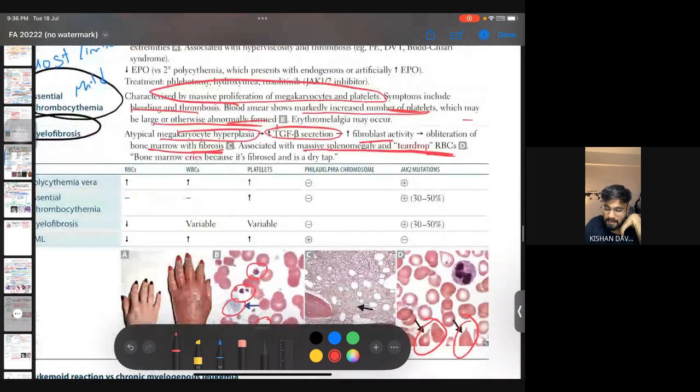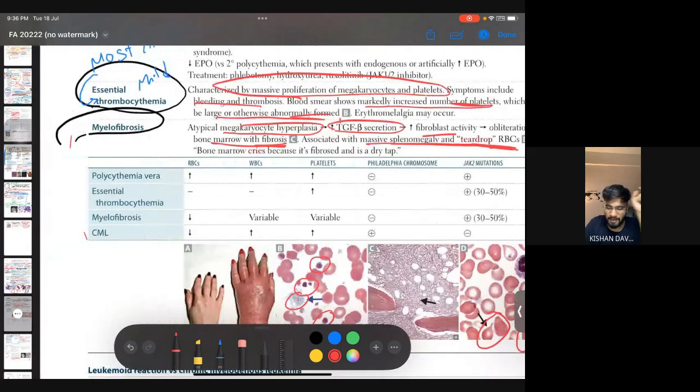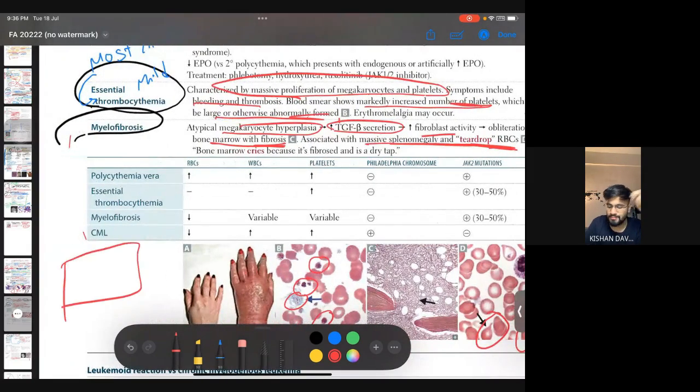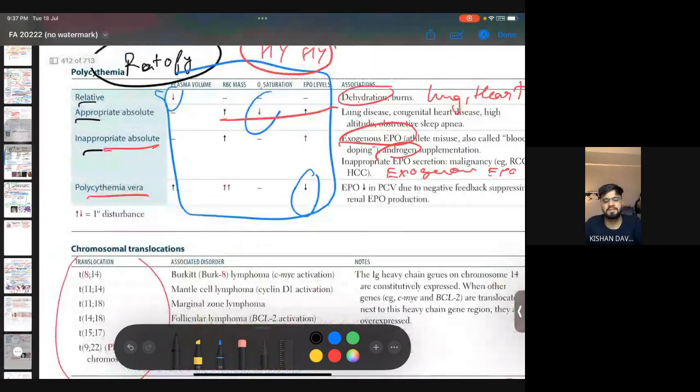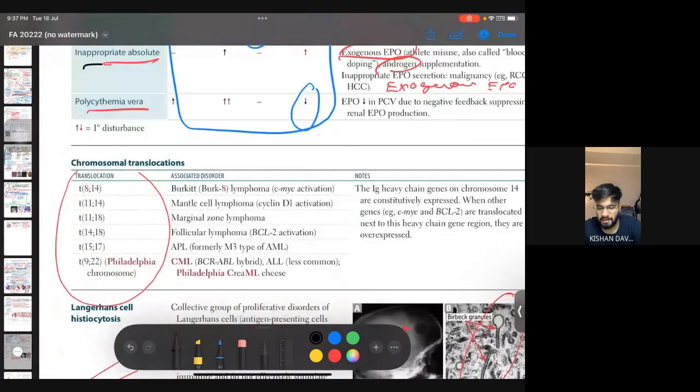Okay, teardrop RBC. Now, one important point I want to tell you is that sometimes in the exam they will give you a slide and all types of morphologies are there: teardrop, sickle cell, helmet cells, everything. At that point you will be confused about which disease to select.